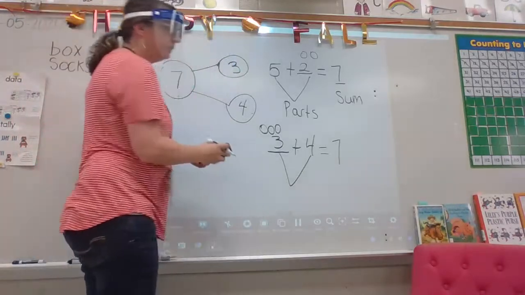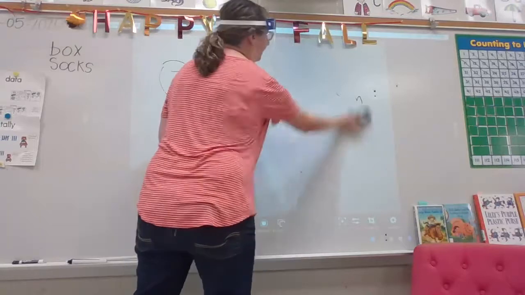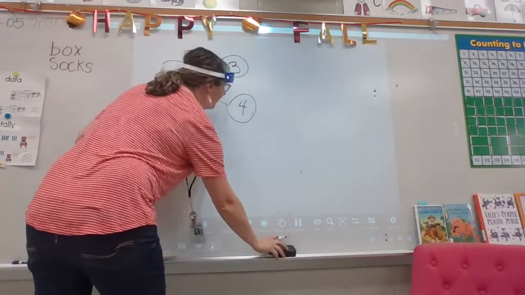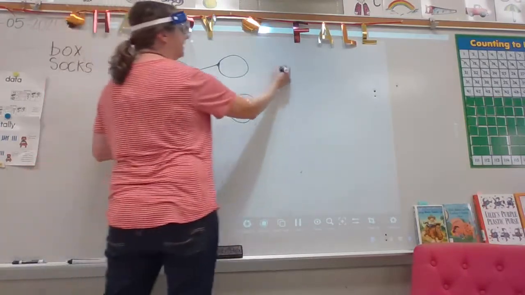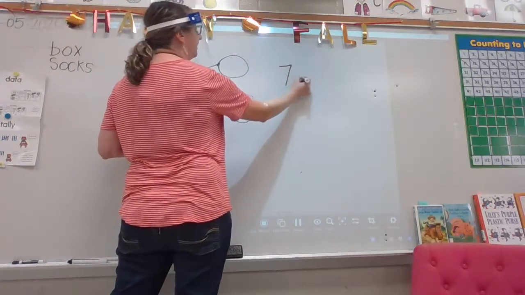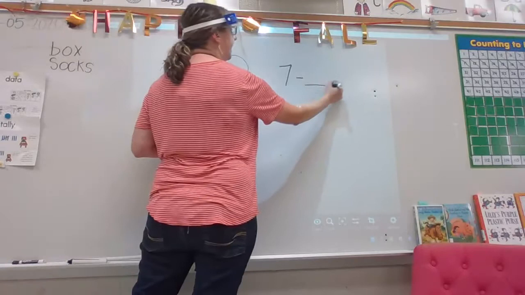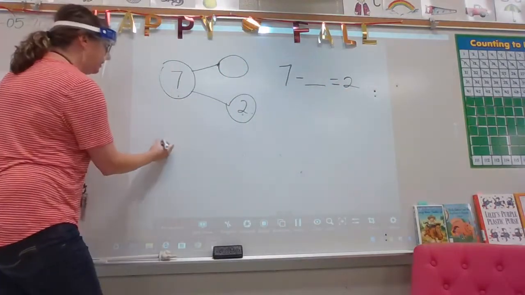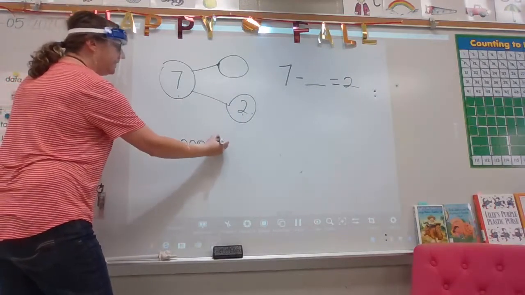I could do this with a subtraction problem as well. Since I'm subtracting, I'm going to start with my whole number, which is 7. And I could say 7 minus blank equals 2. So I know that I have 7. 1, 2, 3, 4, 5, 6, 7.